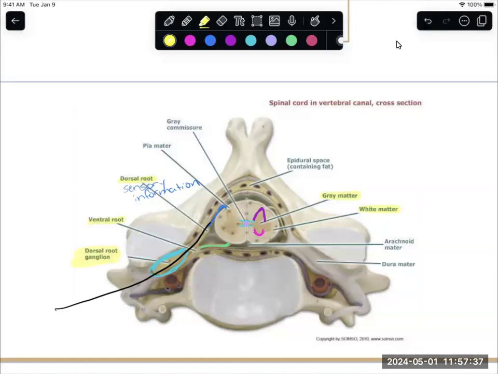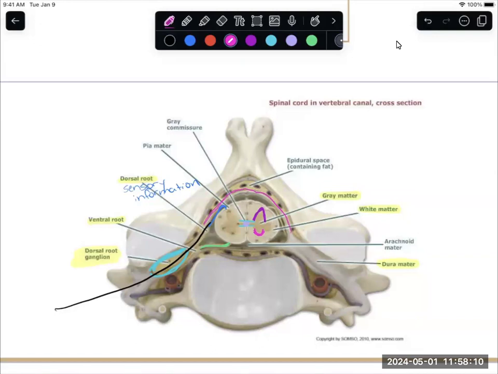Here we can see the different layers wrapping around that spinal cord. We have the dura mater, which is the furthest outside. So if we follow this dura mater, it's on that outside. It's this outermost layer here.